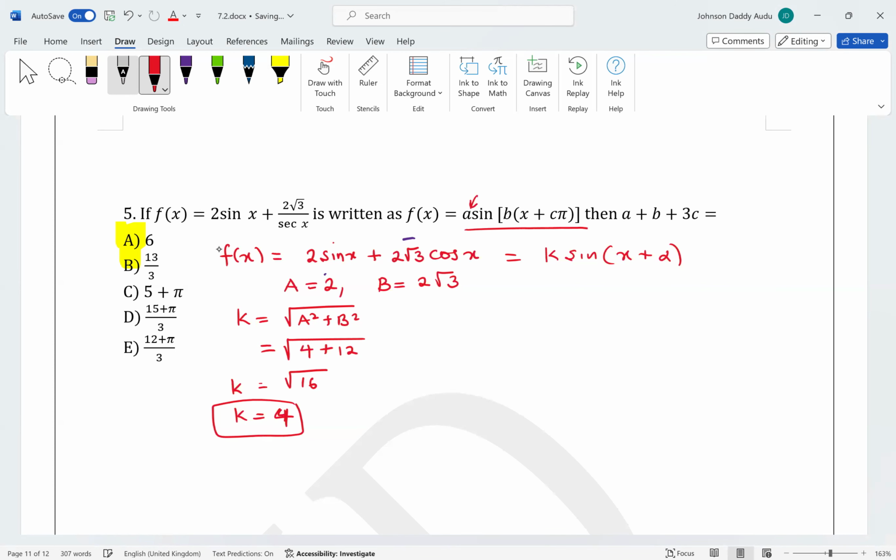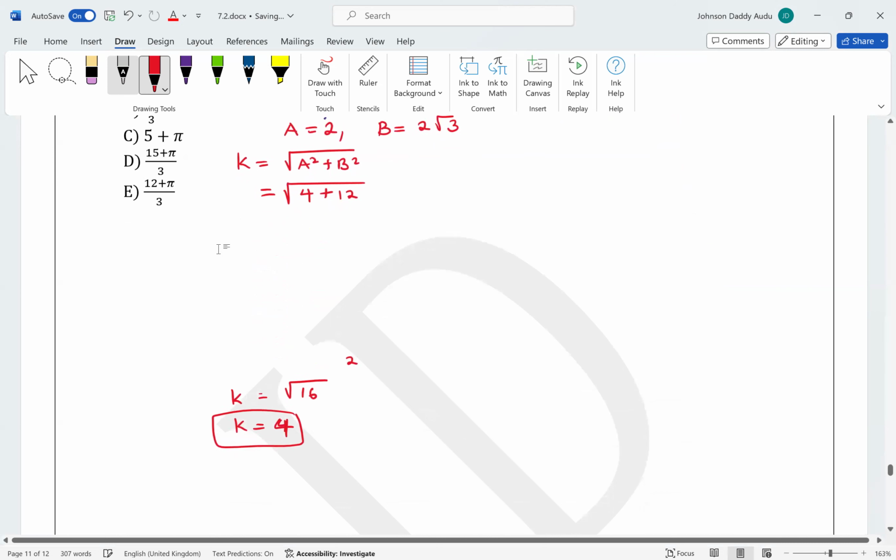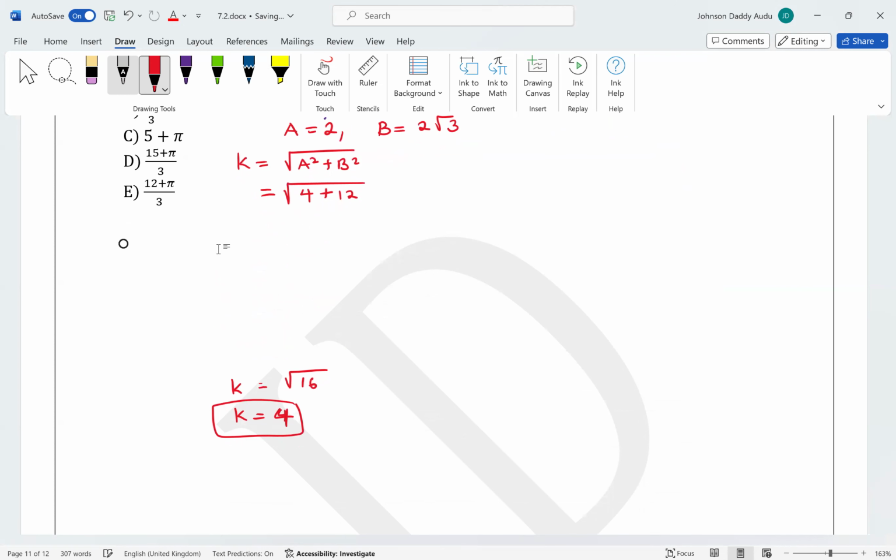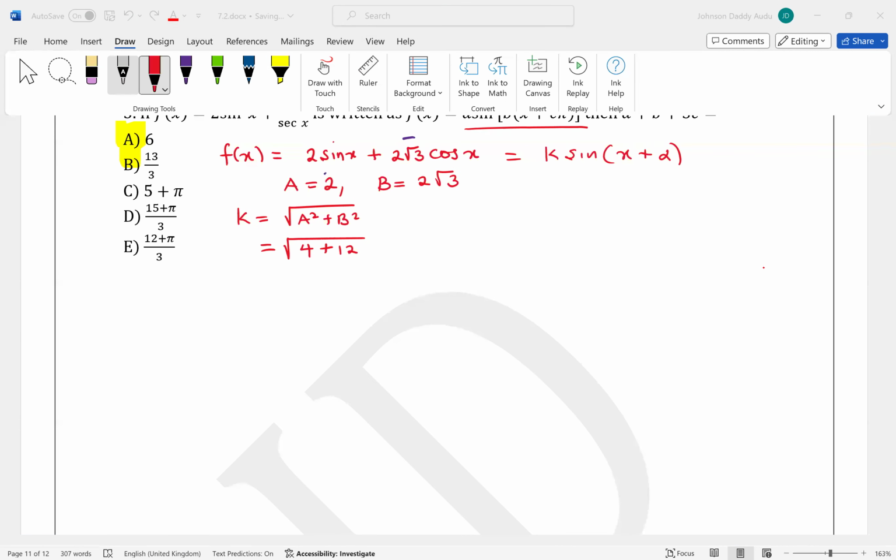Okay, and we know what cosine alpha and sine alpha are, right? So let's find cosine alpha. Here we said this is root 16, so k is 4. And also we know that cosine alpha is going to be A over k.